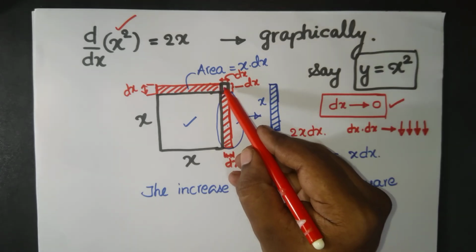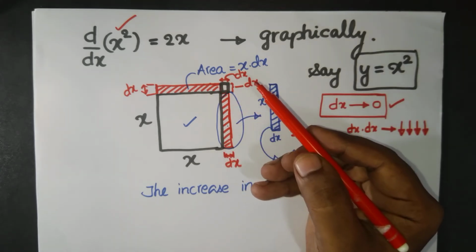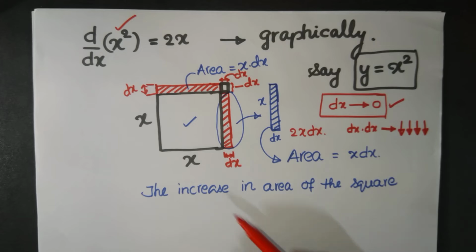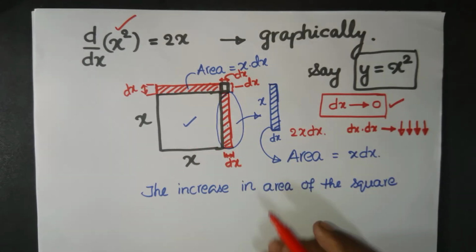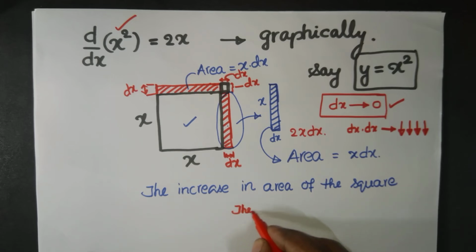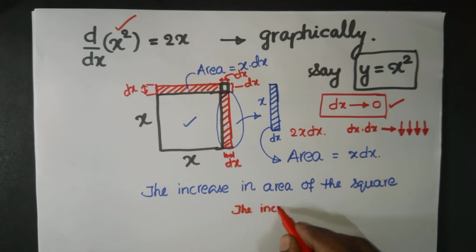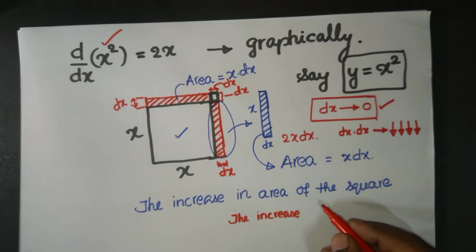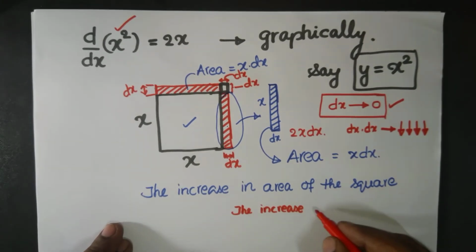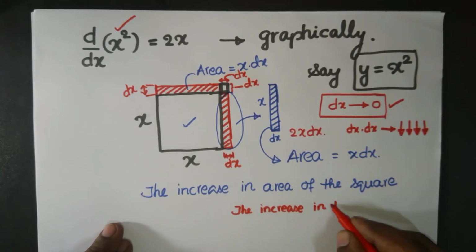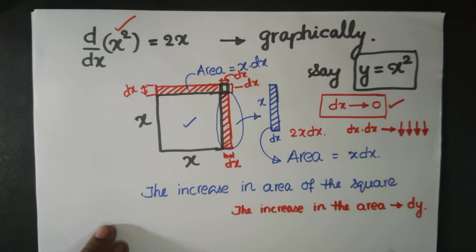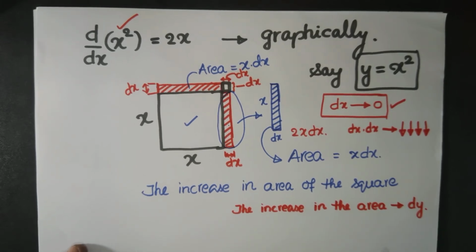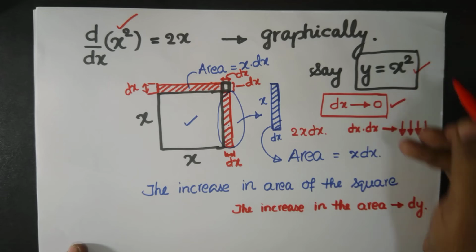So at the cost of this small quantity, we could say the increase in the area of this square, let's give it the name dy. Initially we have y equal to x square.